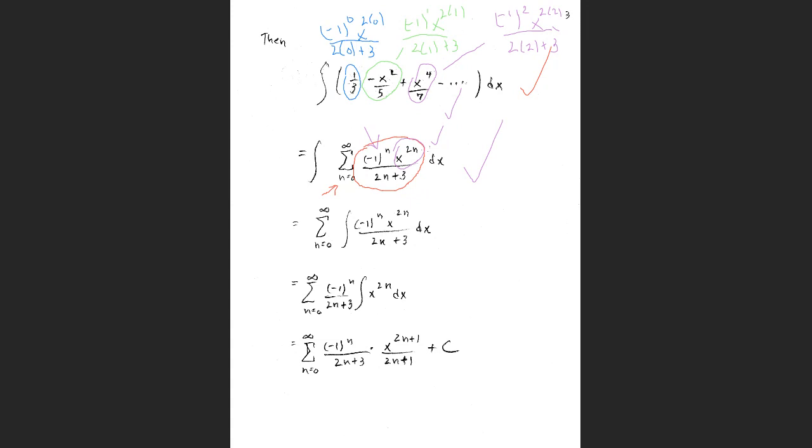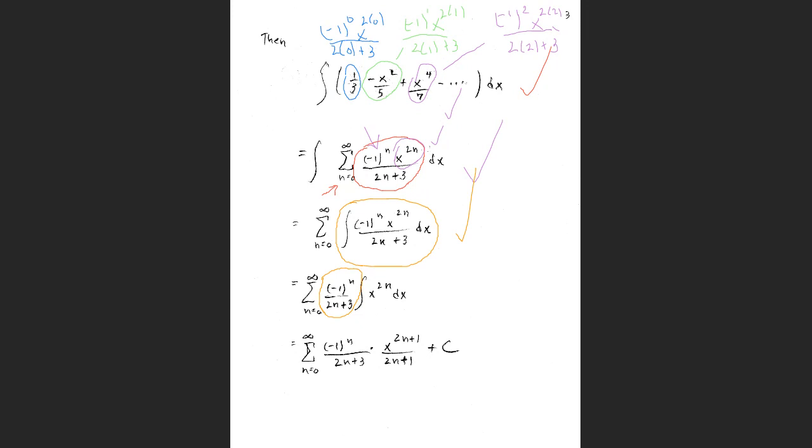But now what we have is the integral of the sum. Again, the integral of the sum is the sum of the integrals. And since I'm integrating with respect to x, I can pull out the negative 1 to the nth power over 2n plus 3 in front of the integral. I can't pull it out in front of the sum because it's dependent on n.